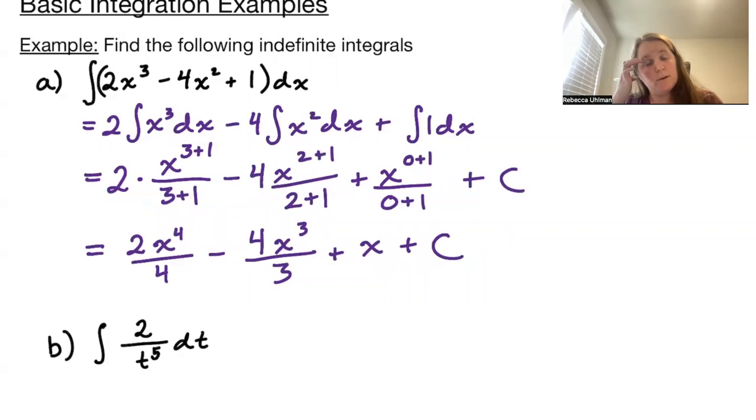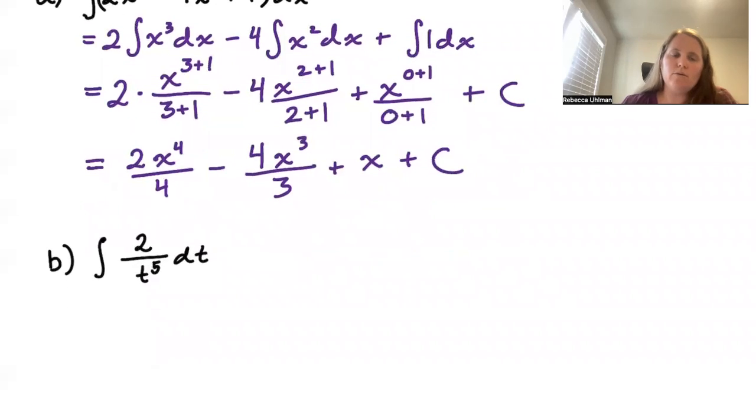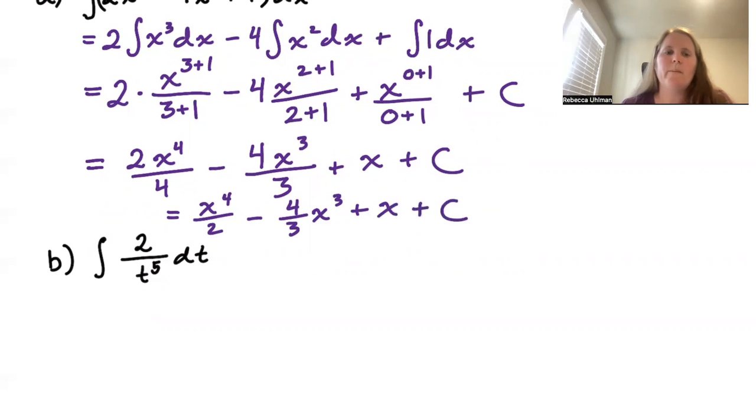Those of you comfortable can jump straight from the problem statement to this final answer. Of course, if you wanted, we could reduce that first fraction to just x to the 4th over 2 minus 4/3 x cubed plus x plus c.